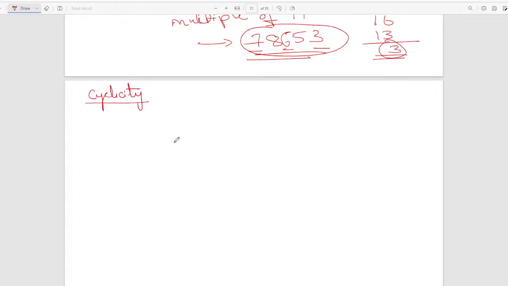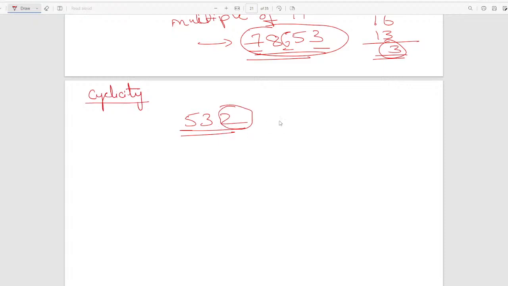Can we again apply the divisibility? I mean, Prajwal, what is the doubt? To check whether any number is divisible by 7 or not, you can take any number here, like 532. If you want to check whether this number is divisible by 7, we multiply the last digit by 2.